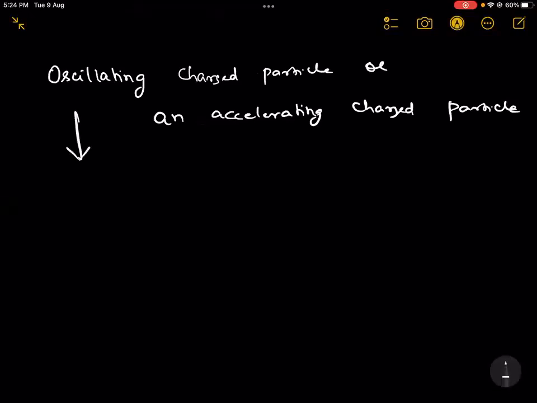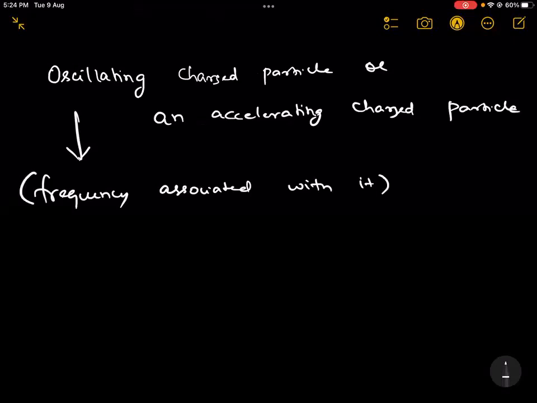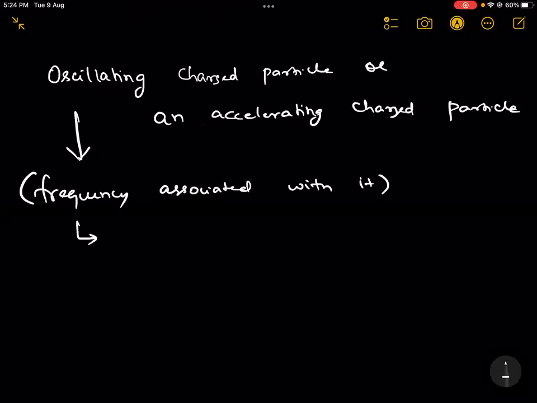So an oscillating charged particle has a frequency associated with it, right? And what will this value of frequency correspond to? The frequency with which the charged particle is oscillating is exactly equal to the frequency of the EM wave that is generated.